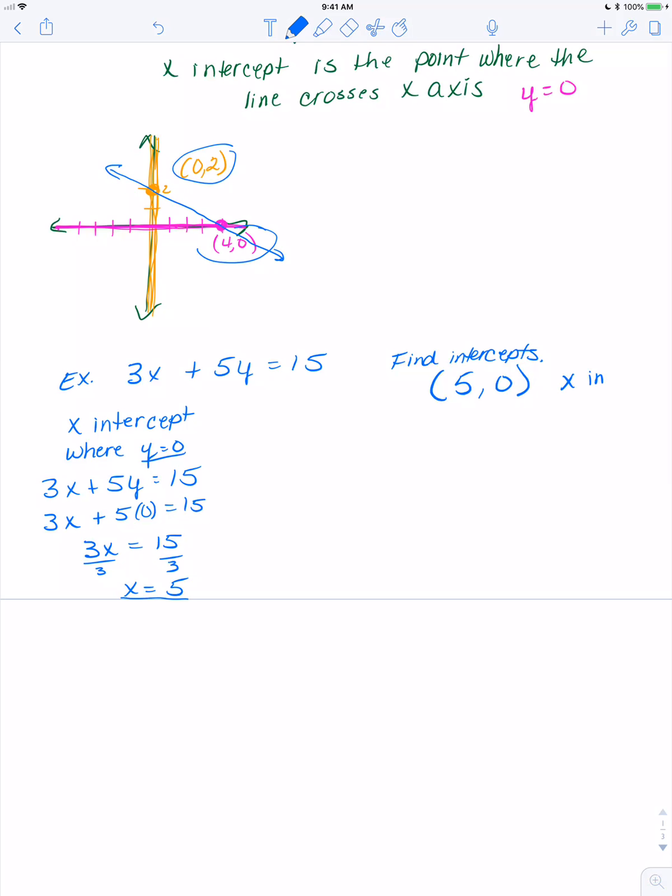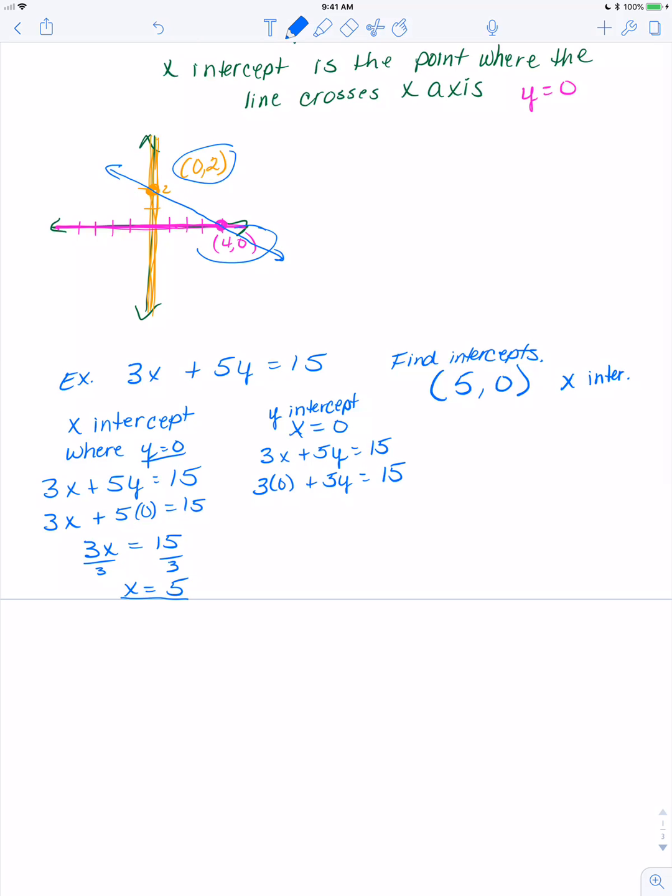And that's our x-intercept. Then for the y-intercept, remember, anywhere that line crosses the y-axis is where x is equal to 0. So we can take that same equation and set x equal to 0, and then solve for y.